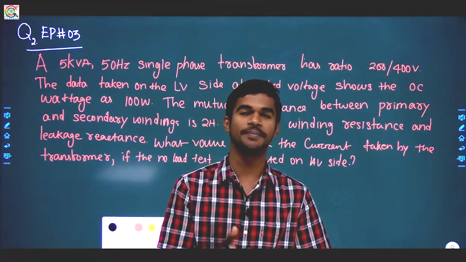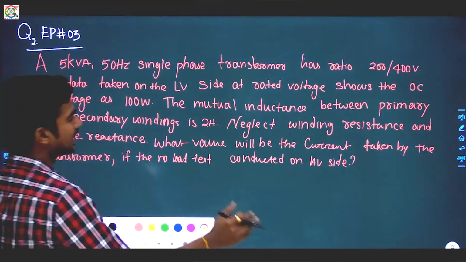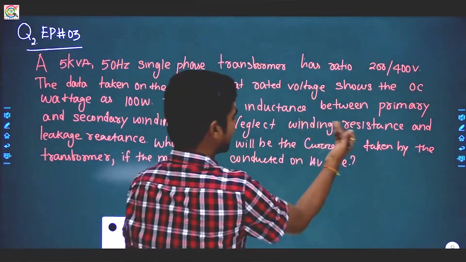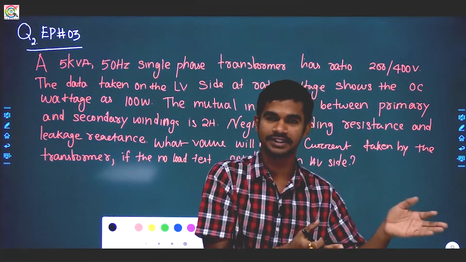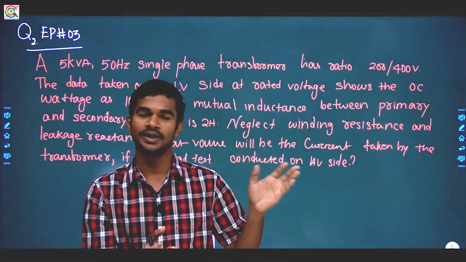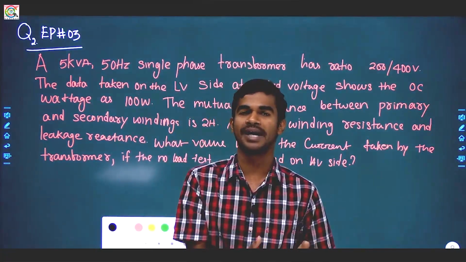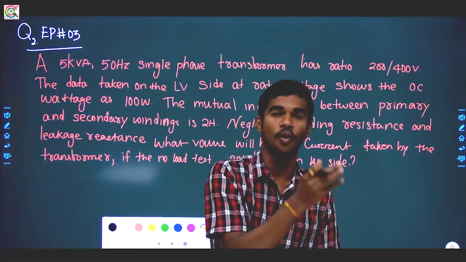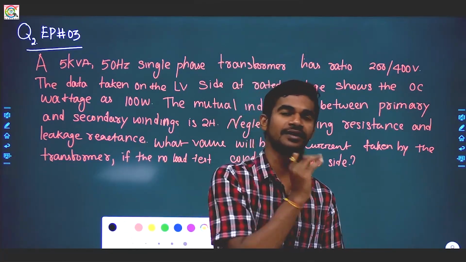That is the pure iron loss. When you neglect the winding resistance, the power consumed by the winding resistance is 0. Then the power consumed by the transformer at open circuited condition is purely iron losses.